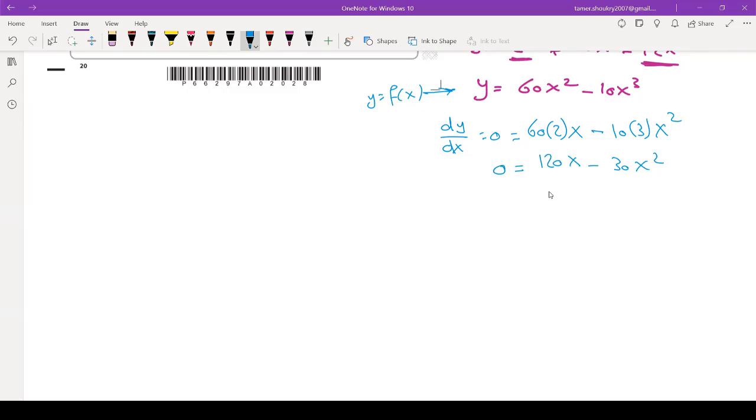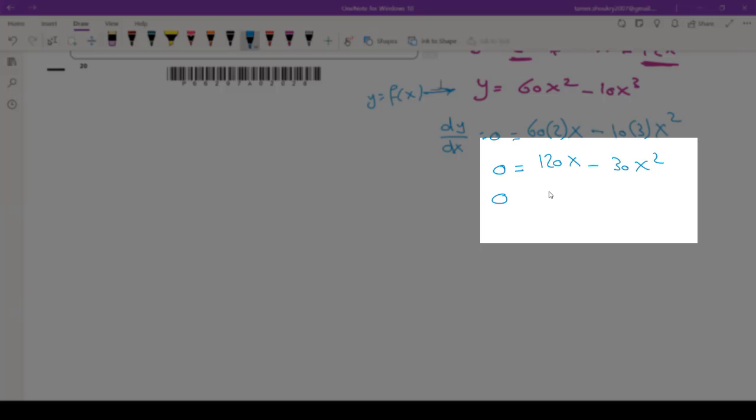This is a quadratic equation. We can solve it easily to get the two solutions of x by factorizing. So we have 0 equals x as a common factor, times 120 minus 30x.